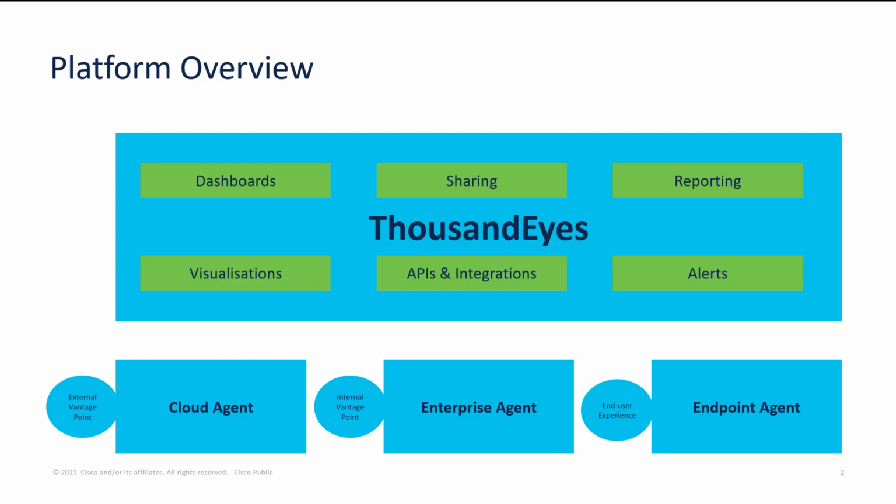And lastly, we have an accessible API, and integration is available even with Cisco devices such as DNAC or DNA Center. So we've got a rich set of features that can be used within ThousandEyes itself.